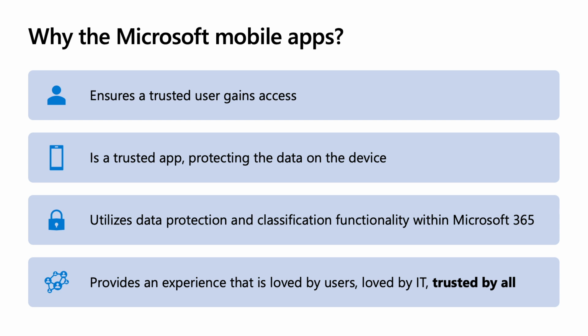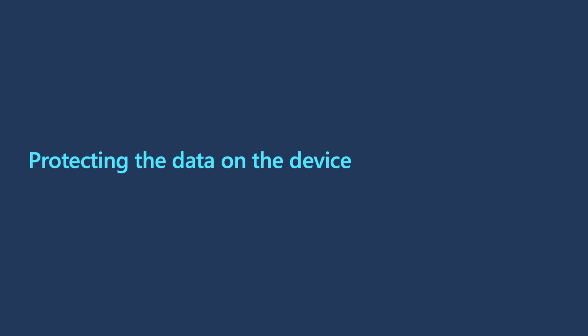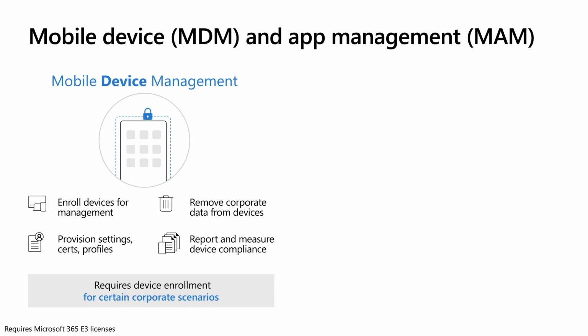And then finally, while we won't delve into it in this session, you should evaluate what features Microsoft 365 provides in terms of enhanced data classification and data protection mechanisms that can be used to further protect your data. So with that, let's dive into the differences between device and app level management.